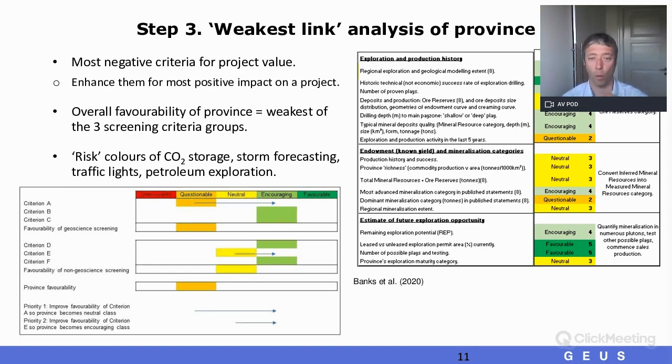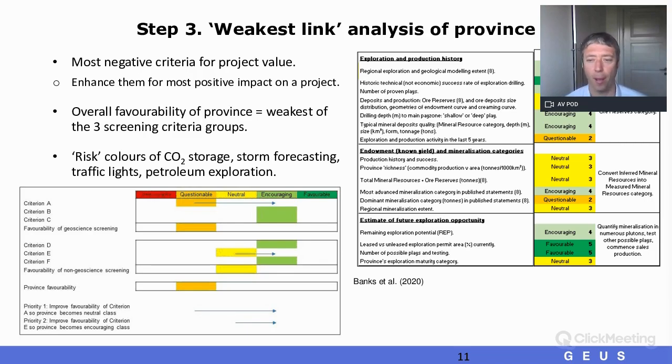And so what we enable users to do using the tables that we're publishing is to at least define whether, for many different criteria, a region looks encouraging down to unfavorable. And we use these risk colours, if you like, that we're familiar with from CO2 storage, storm forecasting, traffic lights, petroleum exploration.